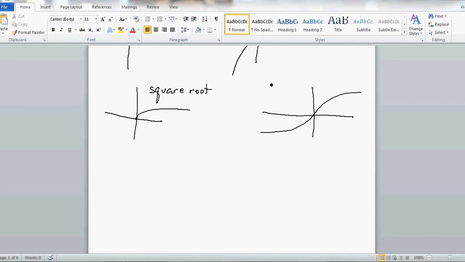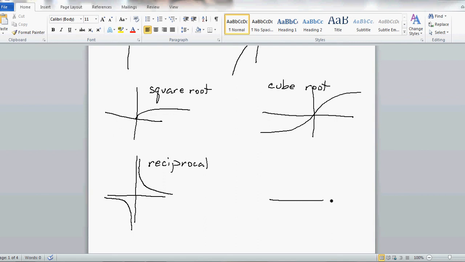This is the cube root function. Continuing, we get the reciprocal function, which looks like that. And then we get a very common one that we are very well aware of, the absolute value function.